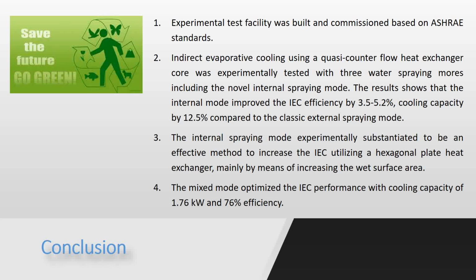The internal spraying mode is substantiated as an effective method to increase the IEC performance of hexagonal plate heat exchangers, mainly by increasing the wet surface area. The mixed mode, which uses both systems, can give you a cooling capacity of half a refrigeration ton with an efficiency of 76%.